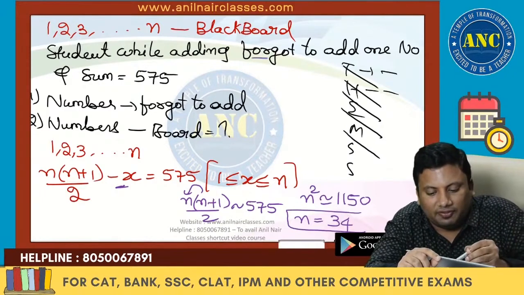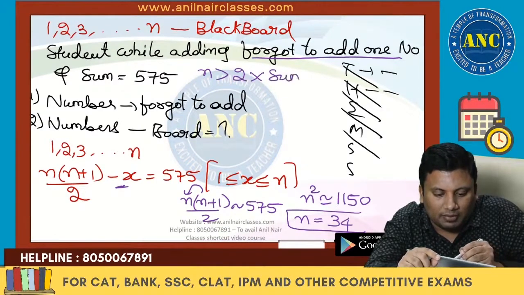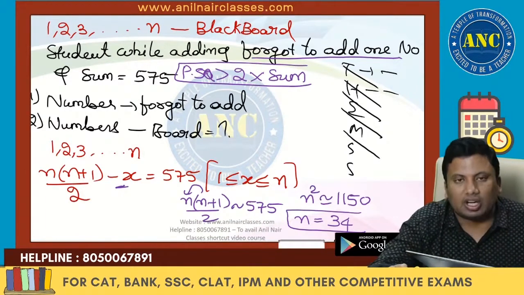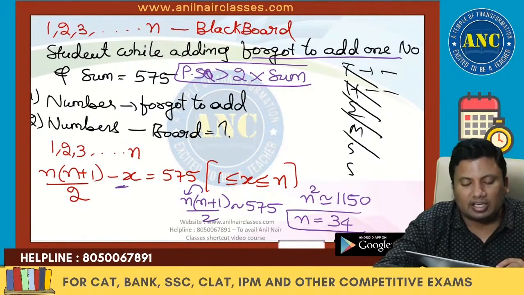So if it is forgot to add one number, take a perfect square which is just greater than 2 into the sum given. N is 34. Check for n less than 34 and greater than 34.